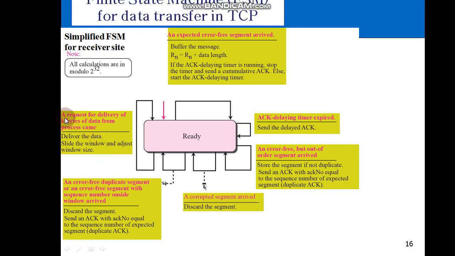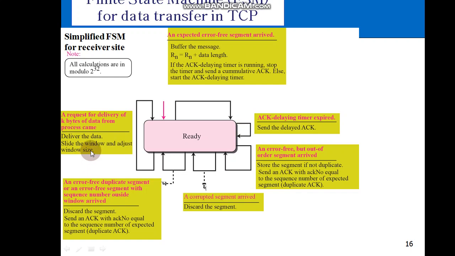Then a request for delivery of k bytes of data from the process comes. Suppose TCP is in the ready state and all of a sudden the process of the receiver says to send the data of k bytes from the transport layer to the application layer. Then it will deliver that data, slide the window and adjust the window size.